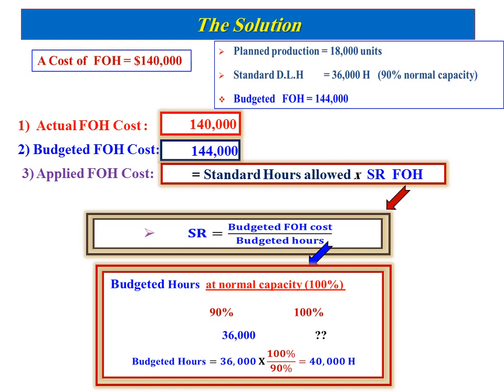If I give you, like the previous example in the previous lecture, information about the normal capacity or 100%, there is no problem. But you have to concentrate before solving the problem. Your capacity is 100% or less than or more than, no problem. But if it is less than, you have to calculate.